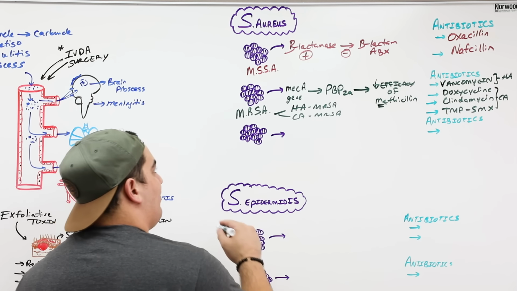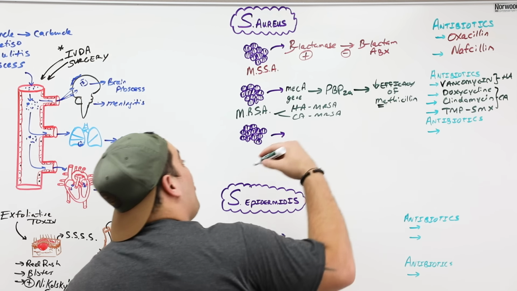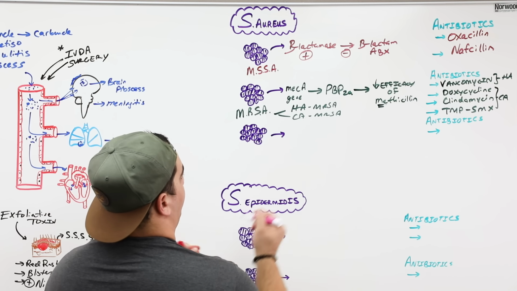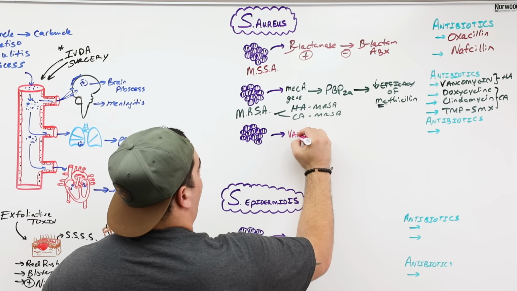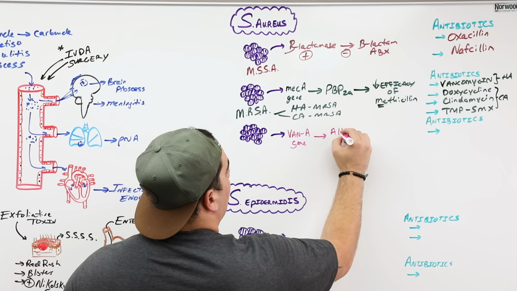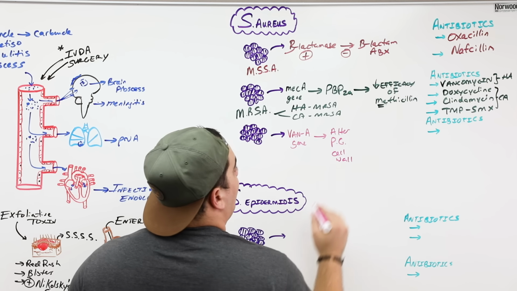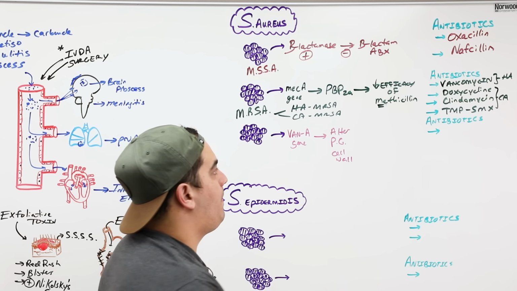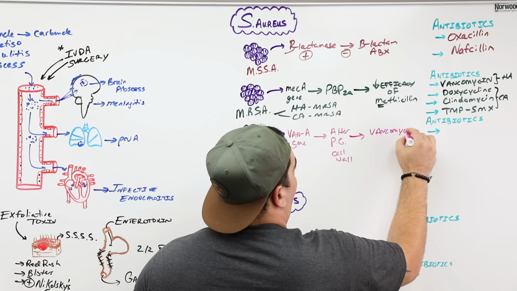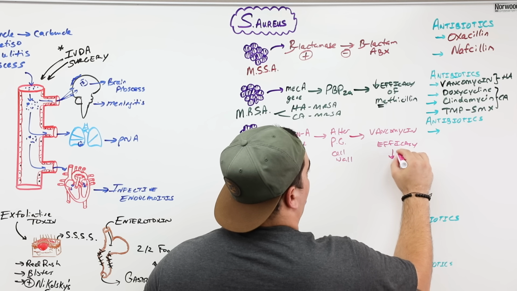But what if Staphylococcus aureus became even more resistant? And it does. It says I'm going to make another gene called a vanA gene. This vanA gene is going to alter the peptidoglycan cell wall in such a way that vancomycin's efficacy is going to drop significantly.